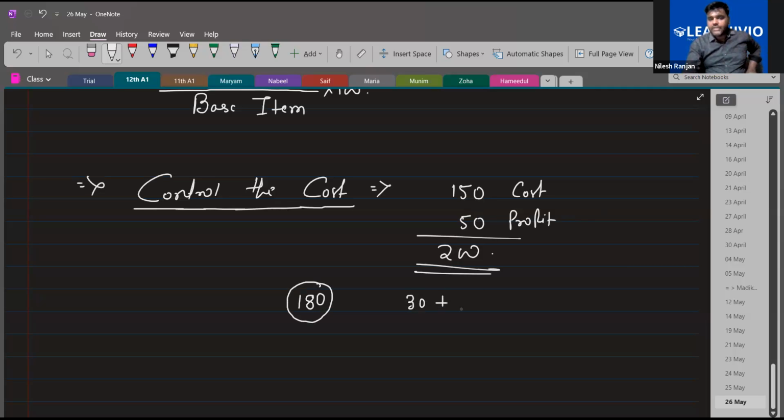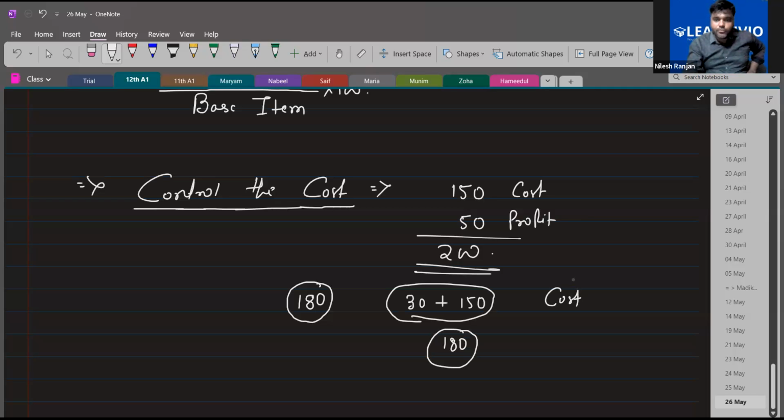So in this case, you have to settle with 30 rupees profit only. 150 is cost and 30 rupees profit. You cannot earn 50 rupees because this is a competitive market and you have to price your product at the same level. So 180 should be your sale price. There is no control on sale price. So on which item do you have control? Cost.